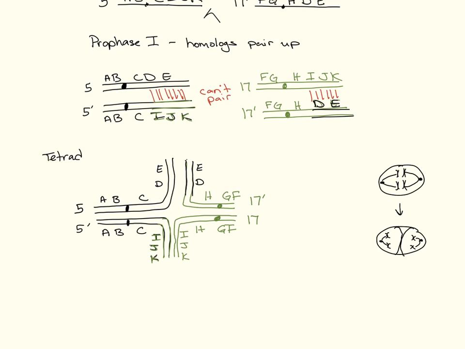But if you look at this tetrad, that's going to be a problem. So how might this chromosome tetrad get pulled apart during anaphase?